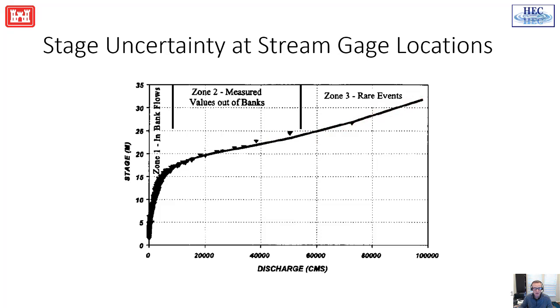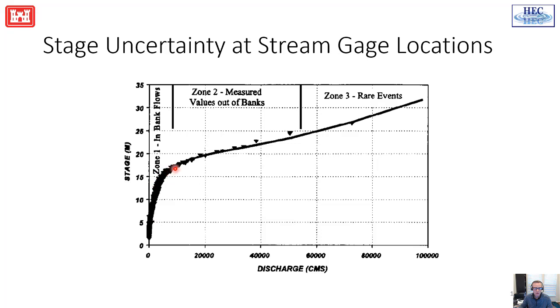Now, typically, our uncertainty is very low as we are near zero. With zero flow, we have zero uncertainty. As we get a little bit of flow in the channel, we have a pretty good idea where it's going to be, as you can see by the data points following the rating curve.